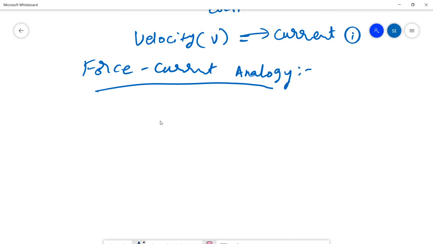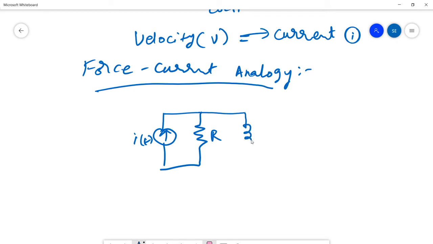So let us consider a parallel RLC circuit to represent current equations: source I of t, resistor R, inductance L, and capacitance C. The output is the voltage at out.